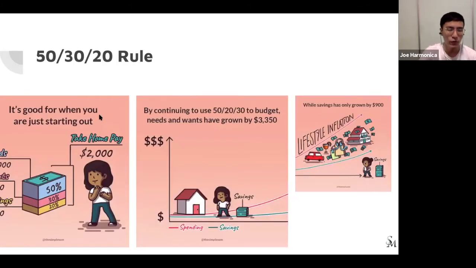So it's good for you when you are starting out, but continuing this, you can see that your saving is growing a lot lesser than your lifestyle inflation, okay? That is simply because you are allocating 80% of your monthly take-home income to what you are spending, but you're only allocating 20% of it for your saving and your investment.